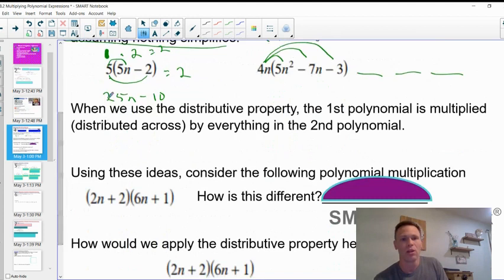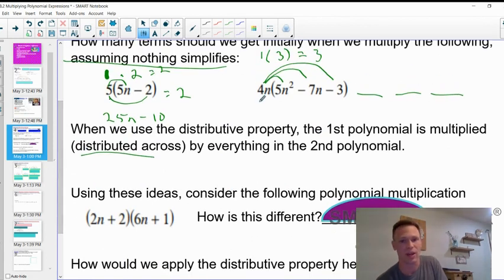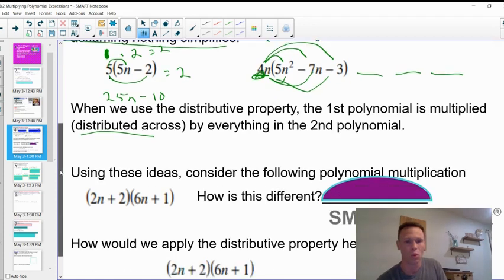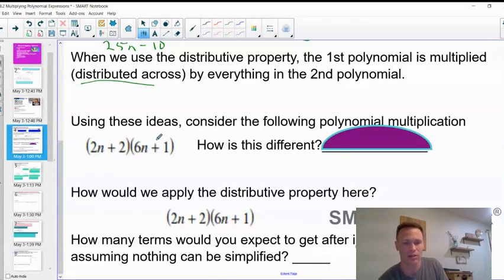Okay? So when we use the distributive property, the first polynomial is multiplied or distributed across everything in the second polynomial. Using that same idea, using the fact that we're multiplying whatever's on the outside by everything on the inside, what do you think we would do here? So let's first talk about this. This is a binomial times another binomial.